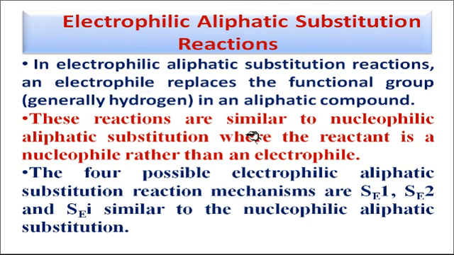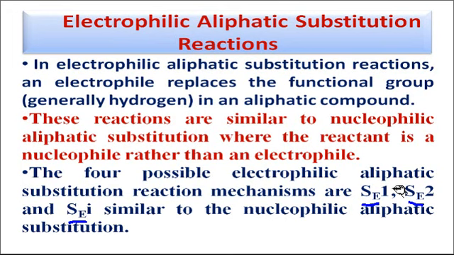These reactions are very similar to the nucleophilic aliphatic substitution reactions, SN reactions, where the reactant is the nucleophile rather than the electrophile. So basically, in the aliphatic system, when the attacking species is the electrophile, then the reaction is known as the electrophilic aliphatic substitution reaction. In a similar way to the SN reactions, the four possible electrophilic aliphatic substitution reaction mechanisms are SE1, SE2 and SEi reactions.